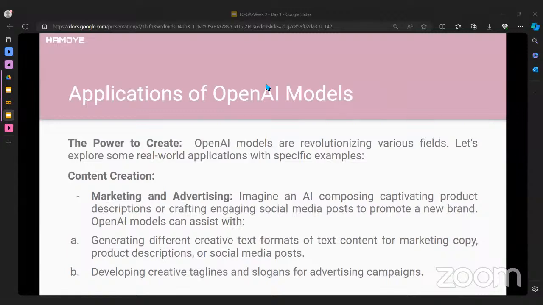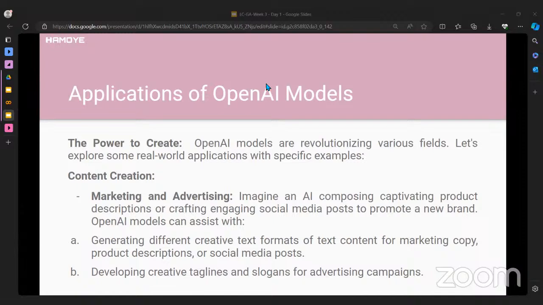In marketing and advertisement, OpenAI models excel at generating innovative content, whether it's captivating product descriptions or engaging social media posts. These models can craft content that resonates with the target audience. They also develop creative taglines and slogans that enhance brand identity and appeal.